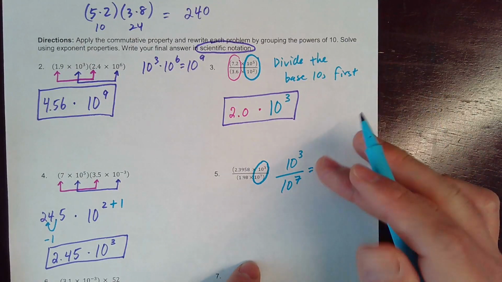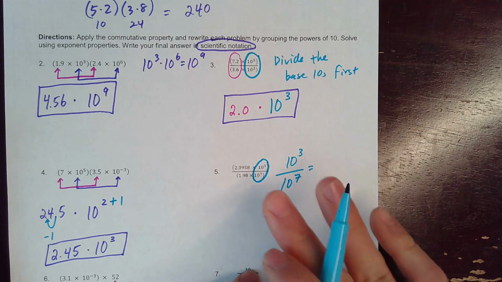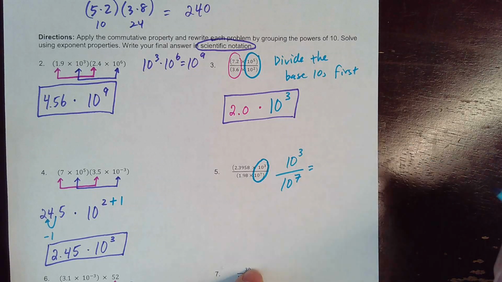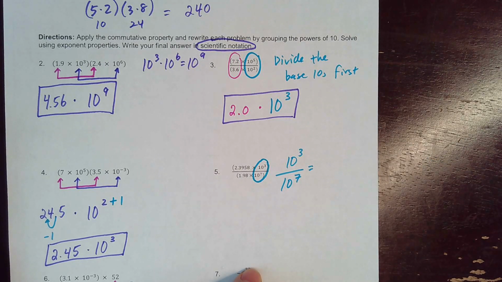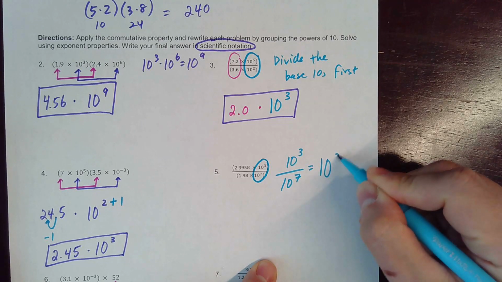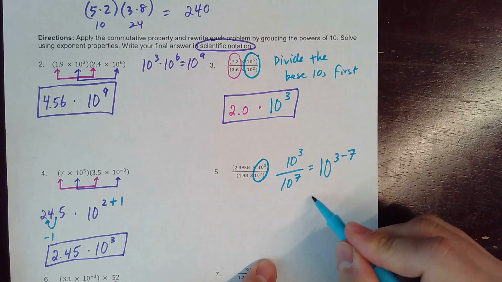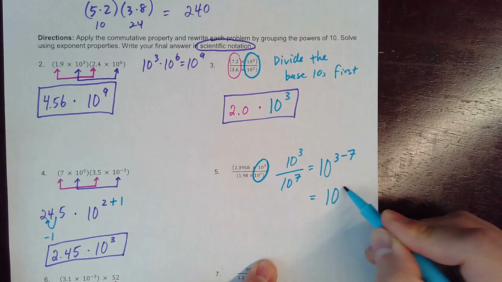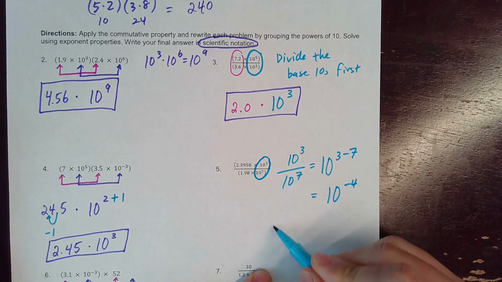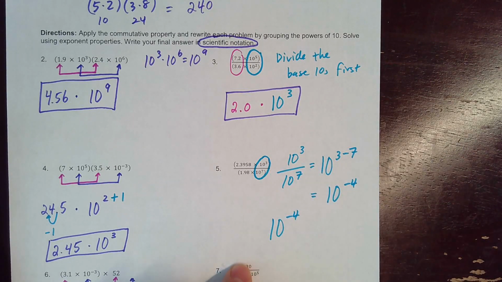Usually negative exponents are not allowed. You're not supposed to have a final answer with a negative exponent. But in scientific notation, negative exponents are allowed. So I actually want everyone to calculate this 3 minus 7 and just leave it as a negative, right? This is going to be 10 to the -4, okay?